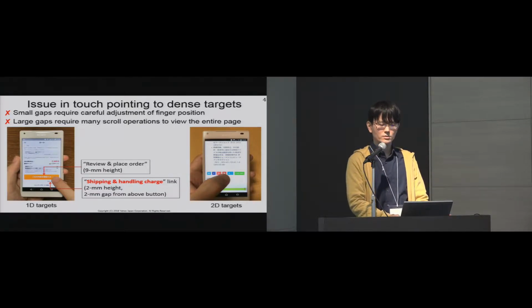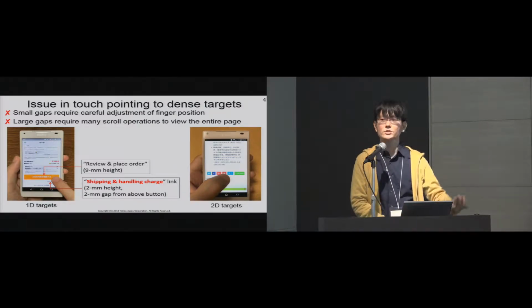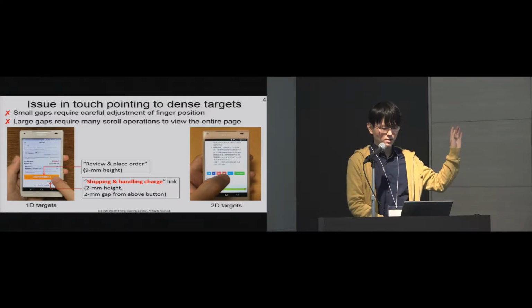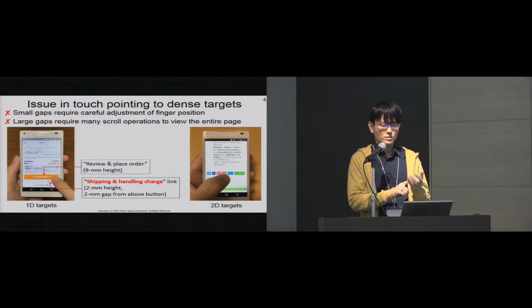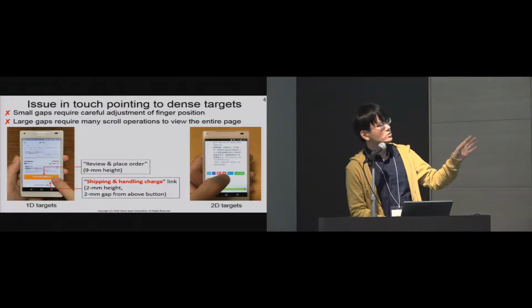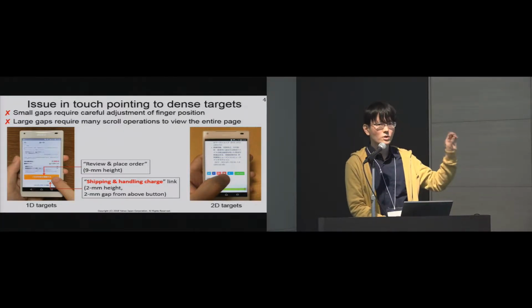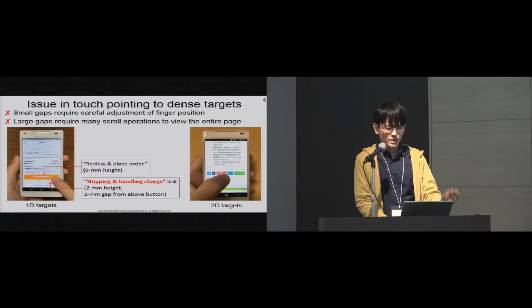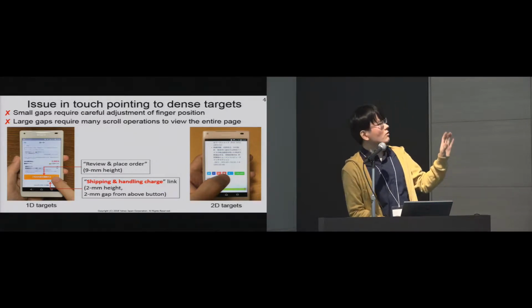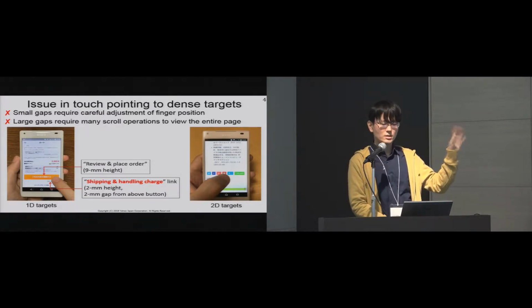For smartphone apps or smartphone web pages, there are small targets and small gaps, both in 1D and 2D conditions. On the left side, this example of 1D condition shows that I want to tap the button labeled shipping and handling charge, a very small button. But there is a big orange button above the intended target.